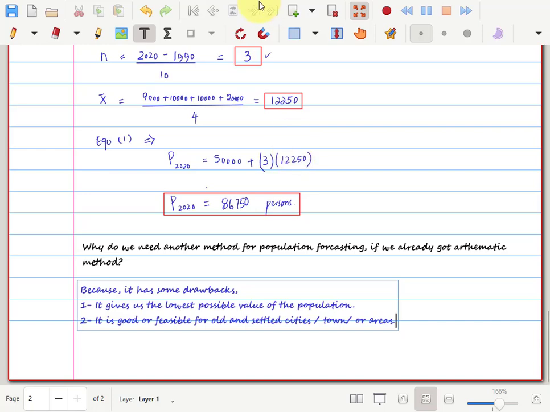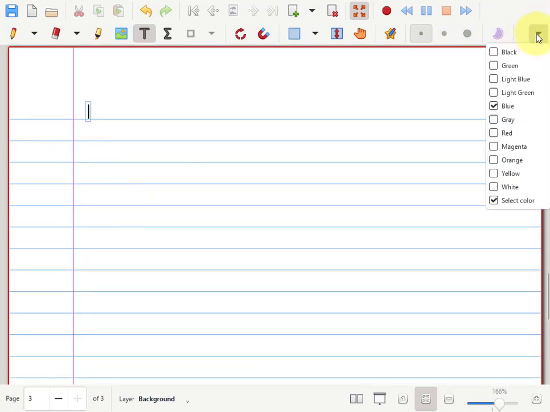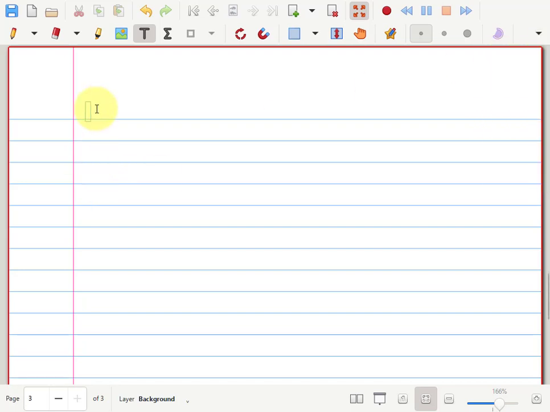So for that reason we came up with another method to find out the population in the future. That is known as the geometric method.